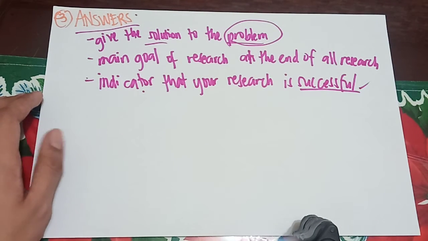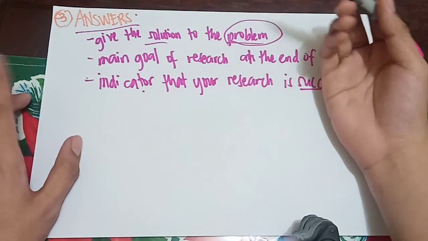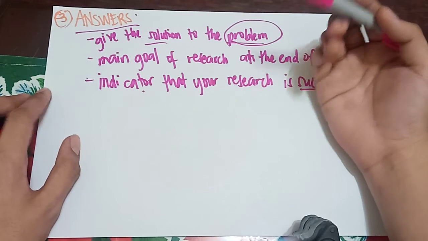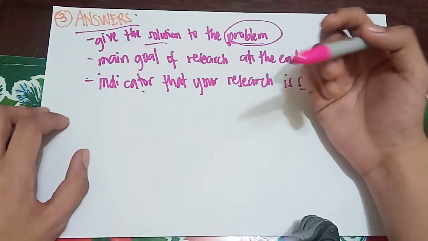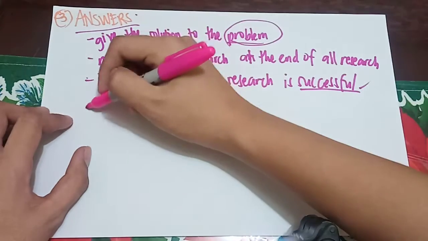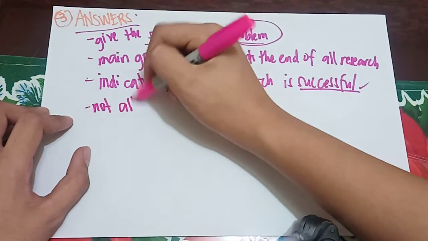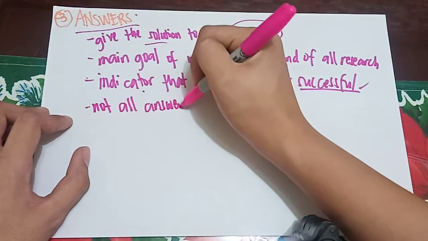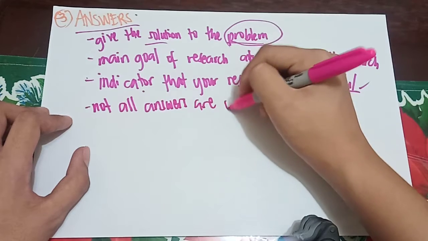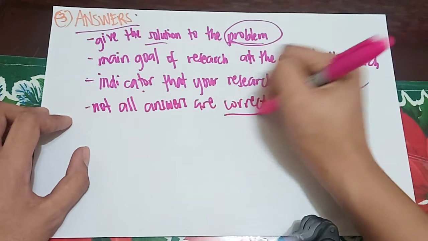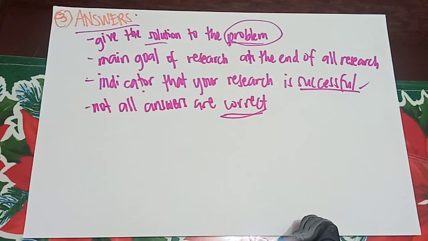Okay. However, your answers have the greatest downfall. And what is that? Not all answers are correct. So, whenever you got your answer, don't be complacent that it is always right or always accepted or always correct.